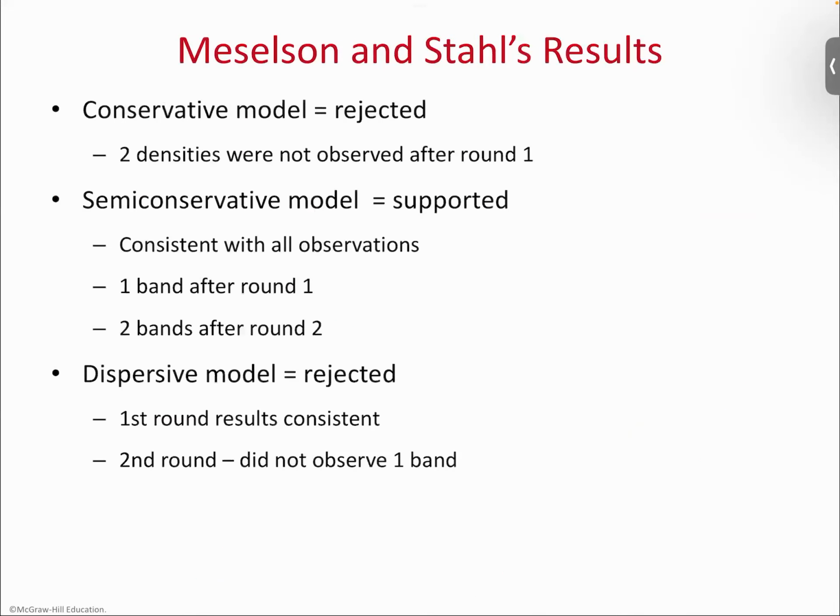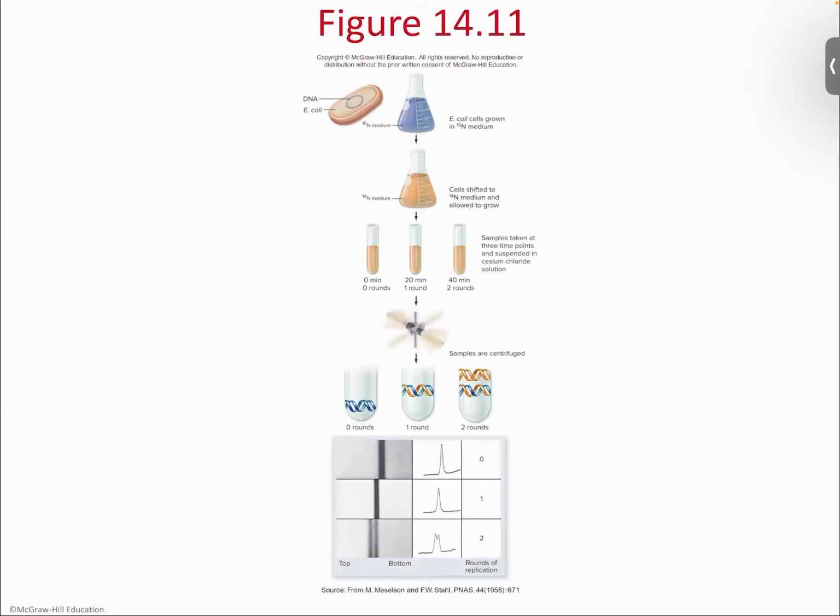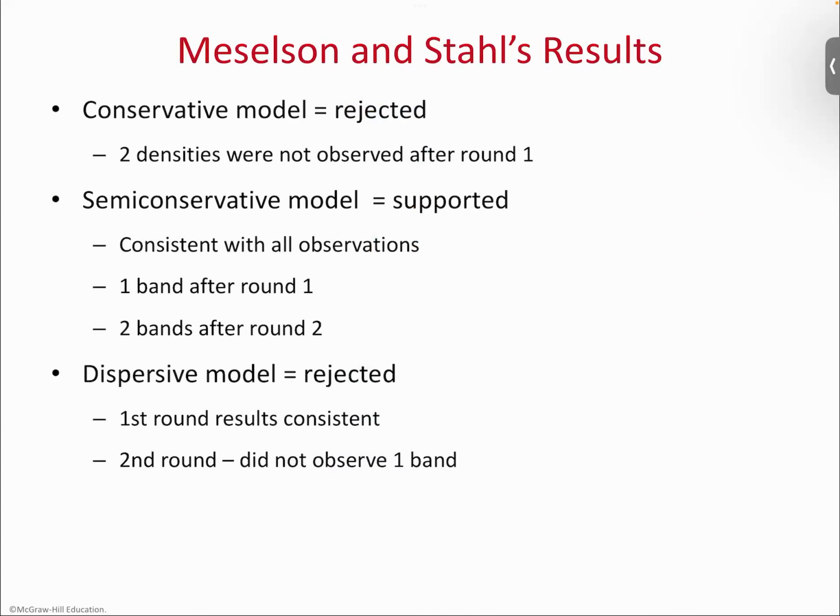So let's see what they got. So here you can see that basically you're going to see two different densities after the first round. Guess what? They didn't see that. So that's out the window. In the dispersive model, you would expect to see maybe an intermediate band in there, right? Because you've got a little bit of each. But in the second band, it kind of broke down, right? Because what happens is you would expect to see a single band as it starts to make newer and more new.